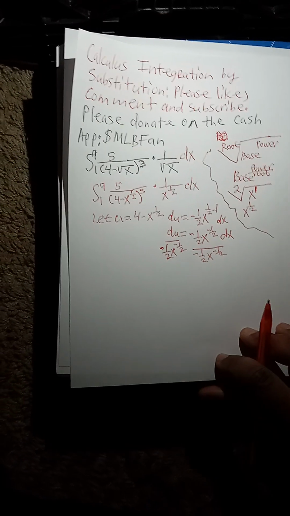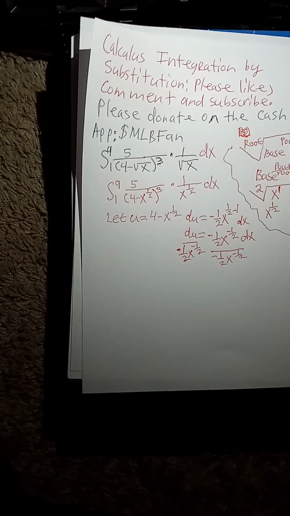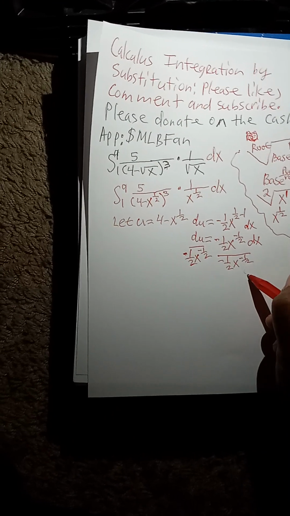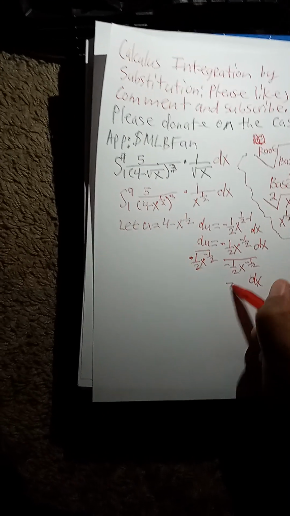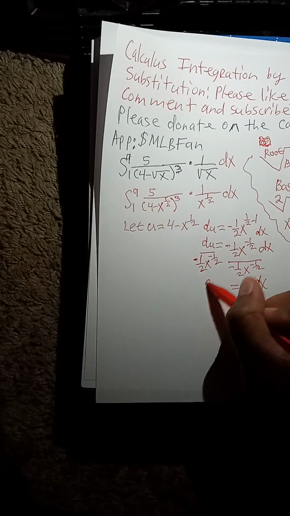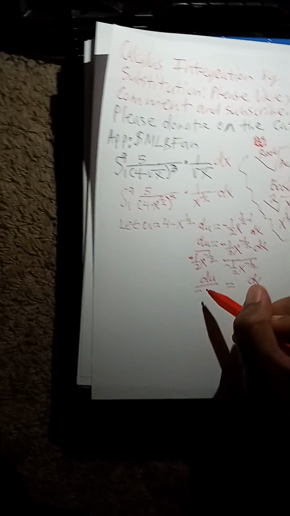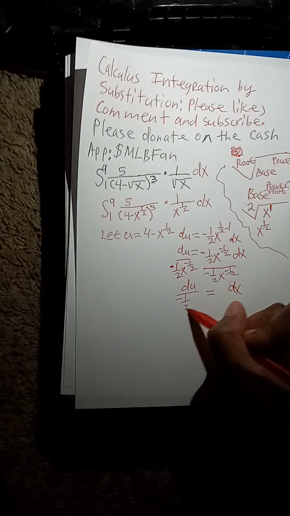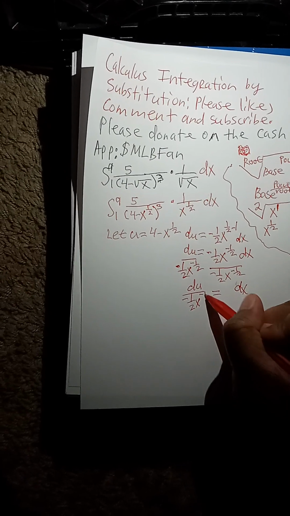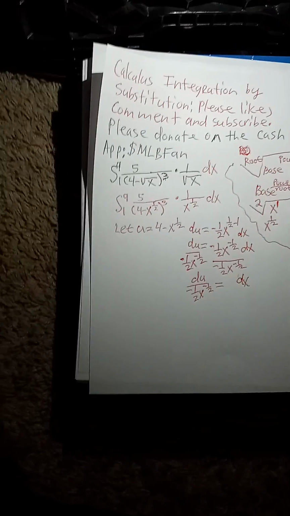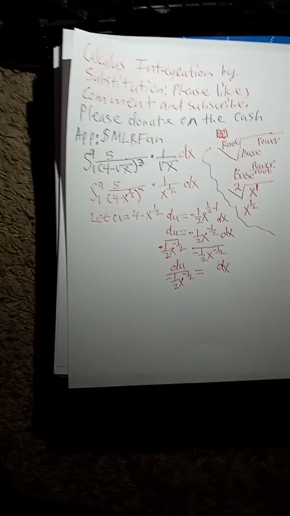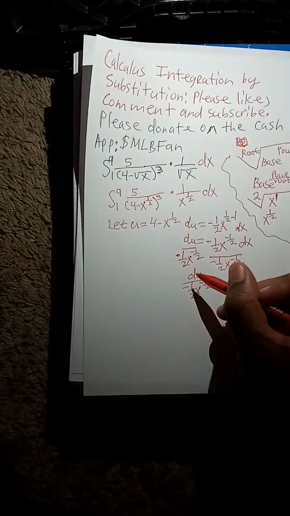So now we can rewrite this function once we solve for dx, and dx is equal to du over negative 1/2 x to the negative 1/2 power. And technically I can put a 1 in front of that du.